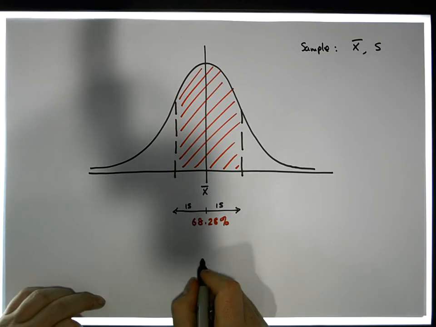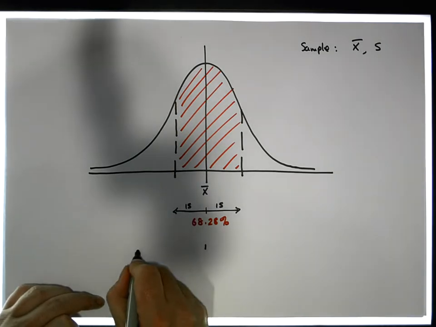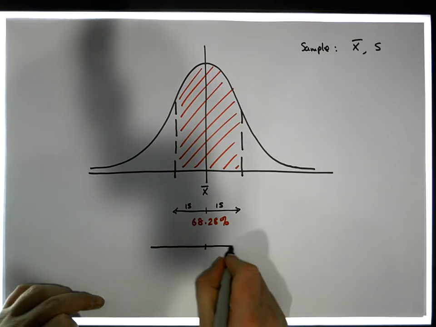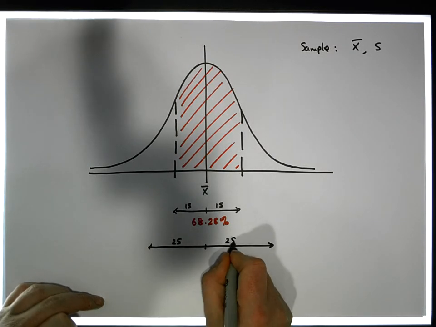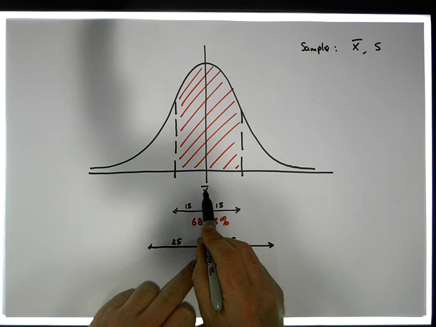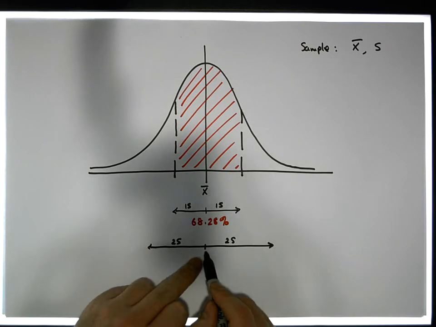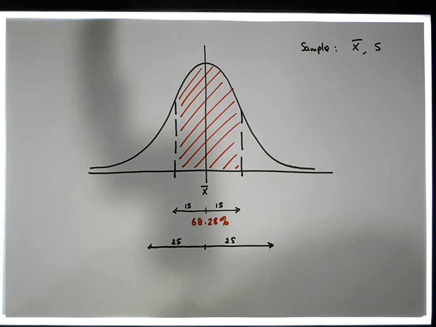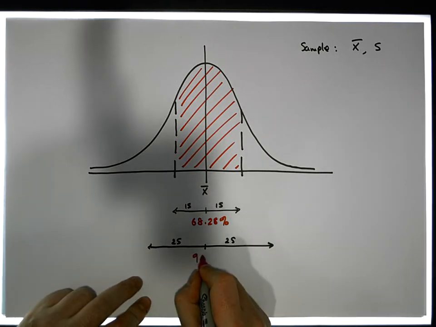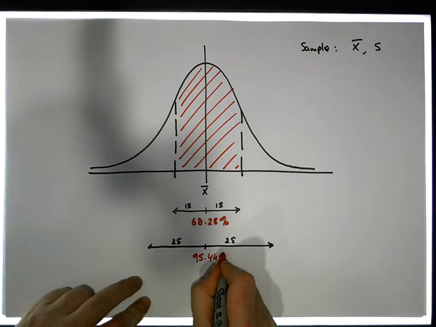Okay, if I come out 2 standard deviations on either side, out to here, 2s and 2s on either side of the mean. In other words, I take 2 standard deviations away from the mean, and I add 2 standard deviations onto the mean. Well, what I'd expect to find is 95.44% of my observations.